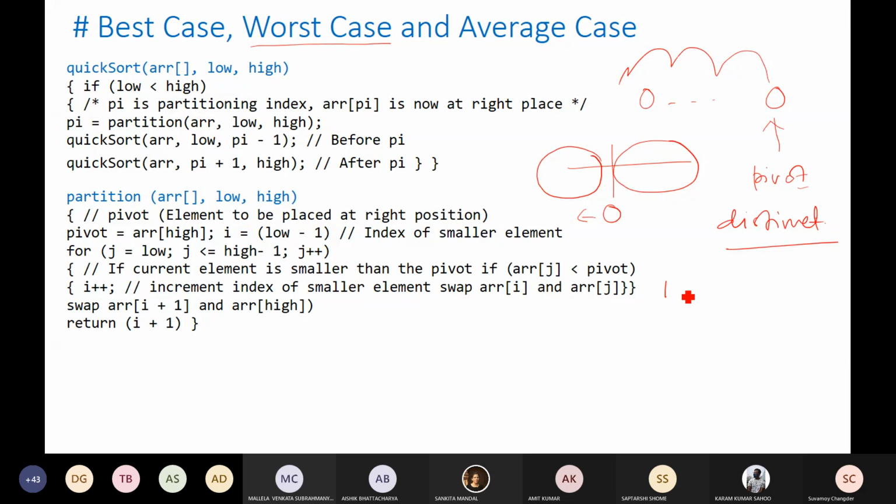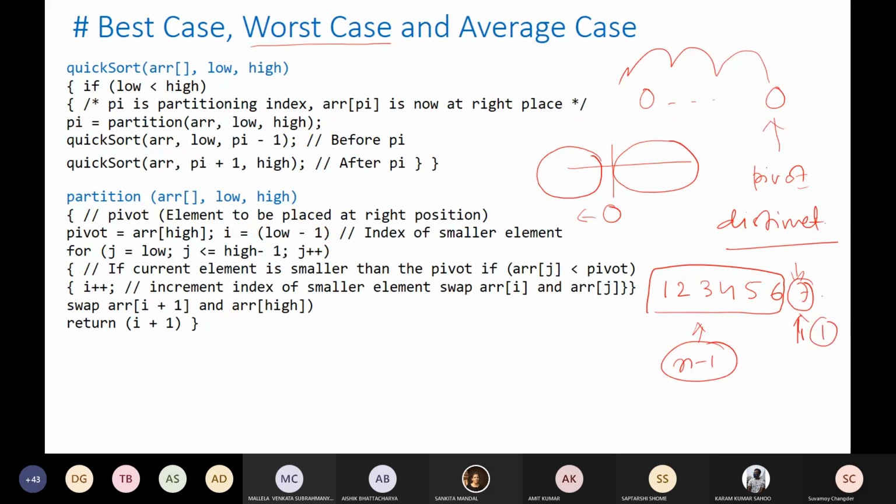Now if all the values are in sorted order, then what will happen? Say suppose 7 is our pivot element. So 7 will always be placed here, and your left hand side contains n minus 1 elements, and the right hand side contains a single element.